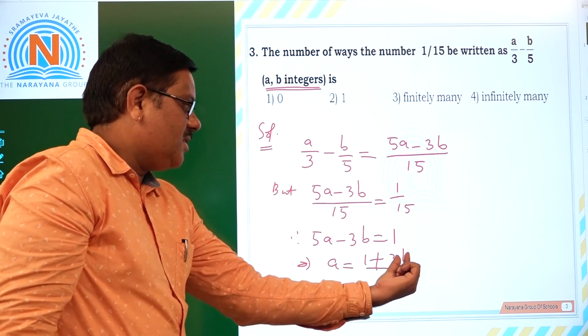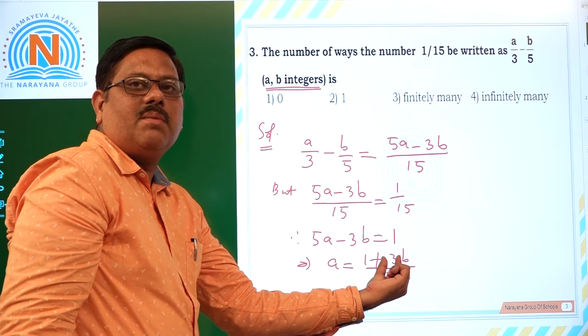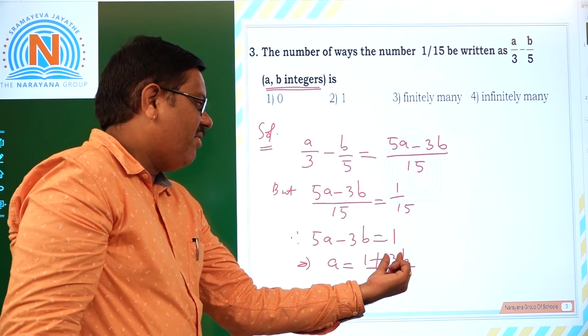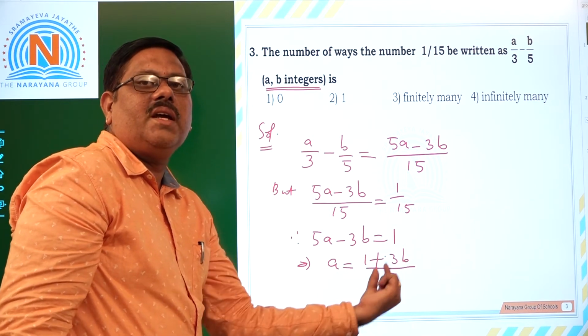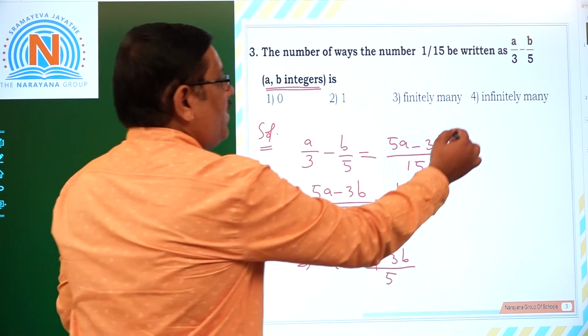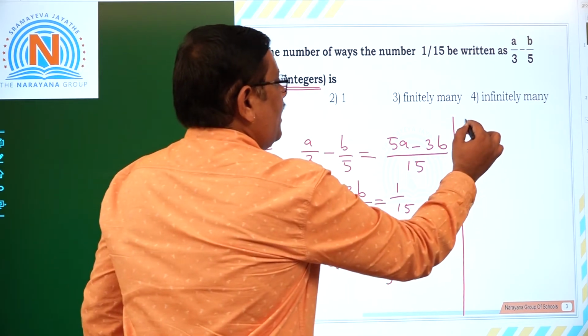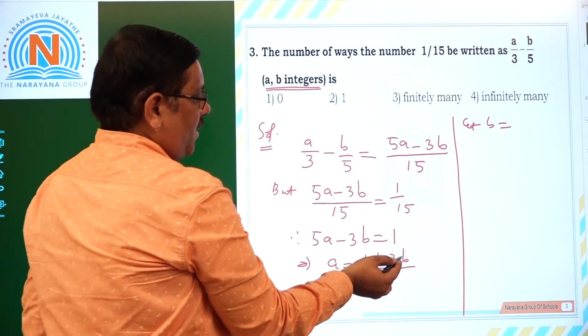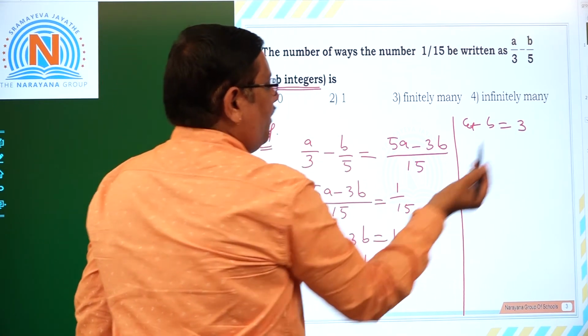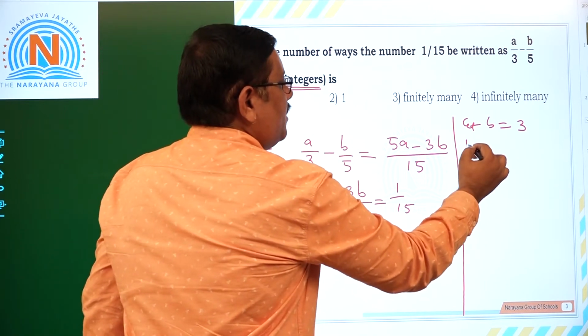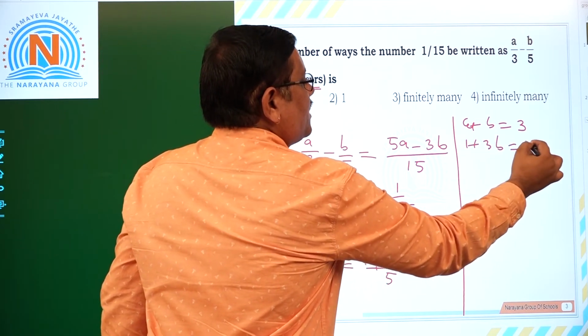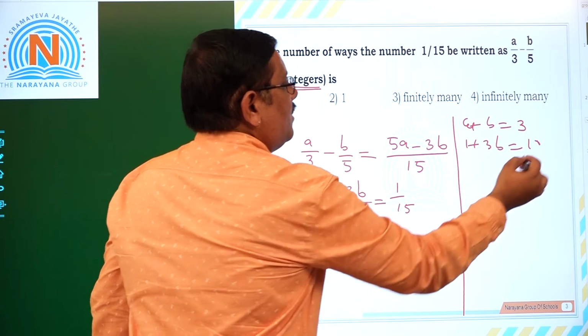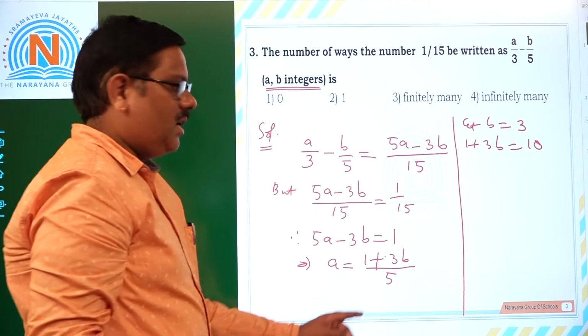If you choose b such that 1 plus 3b is a multiple of 5, a multiple of 5 upon 5 is nothing but an integer. That is the point we have to observe here. For that, let me take the b value as 3. If we take b as 3, 1 plus 3b is 1 plus 9, that is 10. 10 is a multiple of 5.